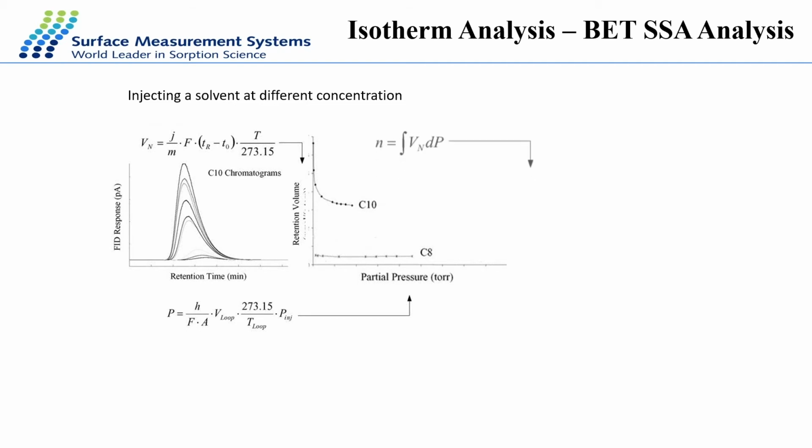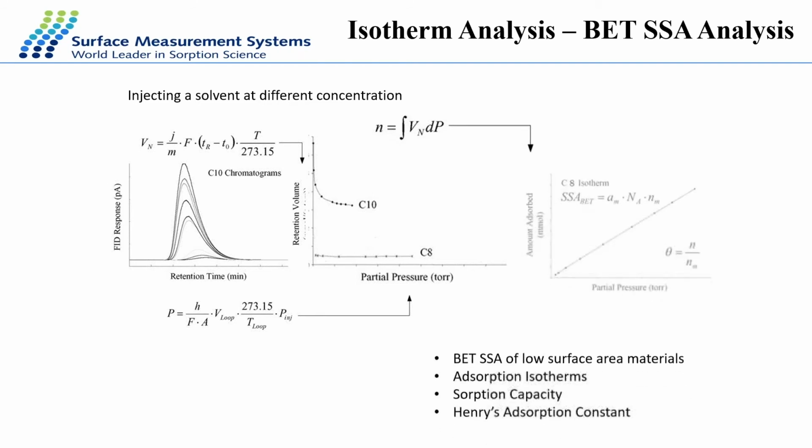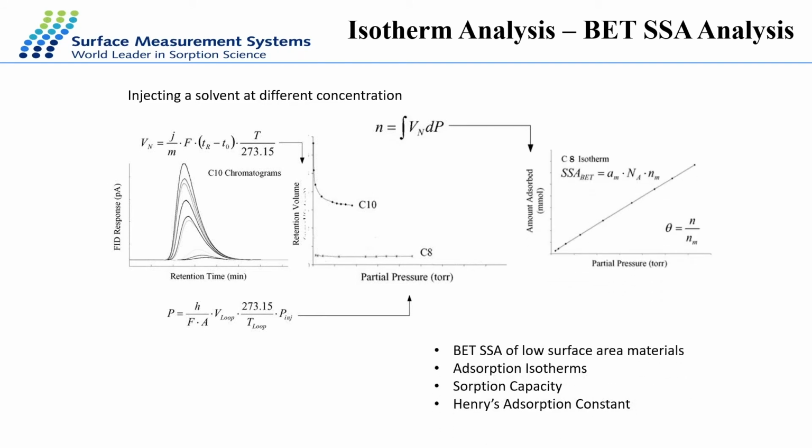From that plot, easily with integration, the adsorption isotherm can be determined. And this adsorption isotherm can be used to determine the BET specific surface area, or the adsorption capacity, or the Henry adsorption constant as well.